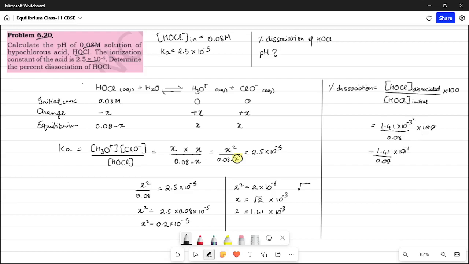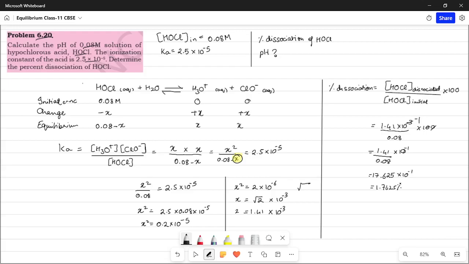Further simplification gives us 17.625 into 10 to the power minus 1, which is equal to 1.7625%. So the percentage dissociation is just 1.7625.